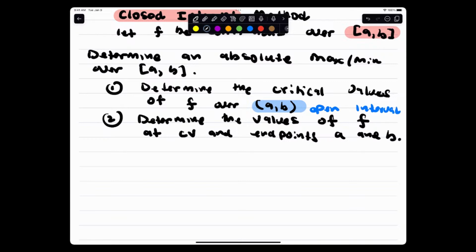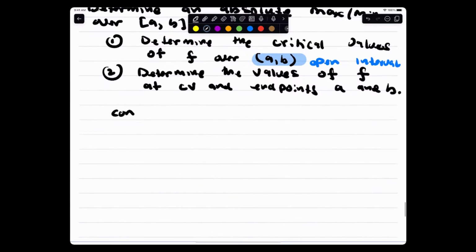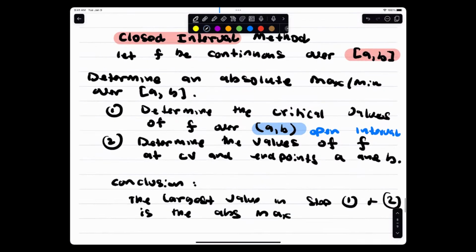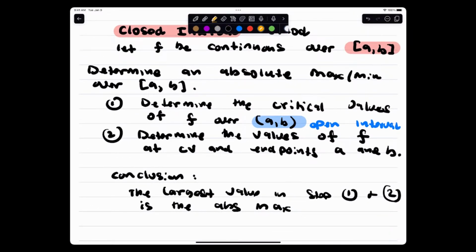And then here's your conclusion. The largest value in step 1 and 2 is the absolute max. And I think the other day we colored it purple.